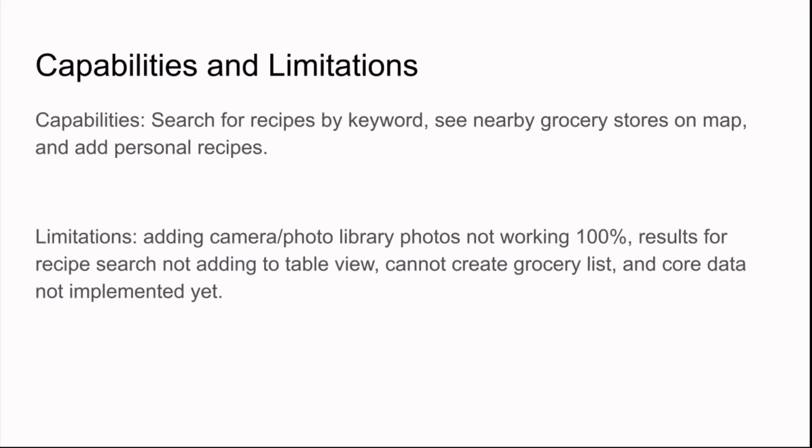Core data, I had set up the entity for core data and the items in the entity, but I was not able to get it working with the table views quite yet.